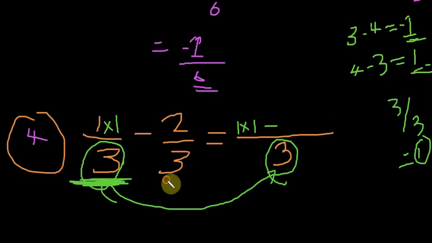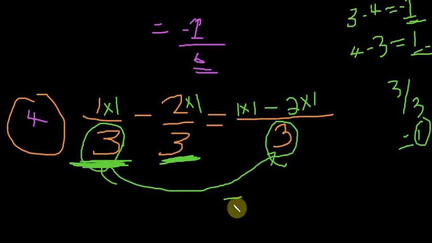We do the same story for the next one. How many times does the denominator of the second fraction divide into 3? It's 1 time. Then the answer we get, we multiply by the numerator of the second fraction. So I'll bring it down there, as it is, times 1.